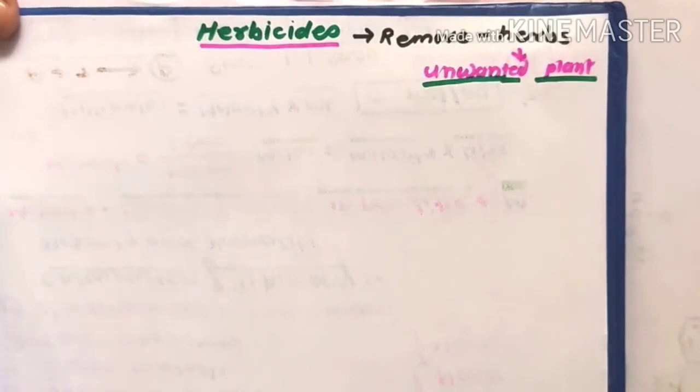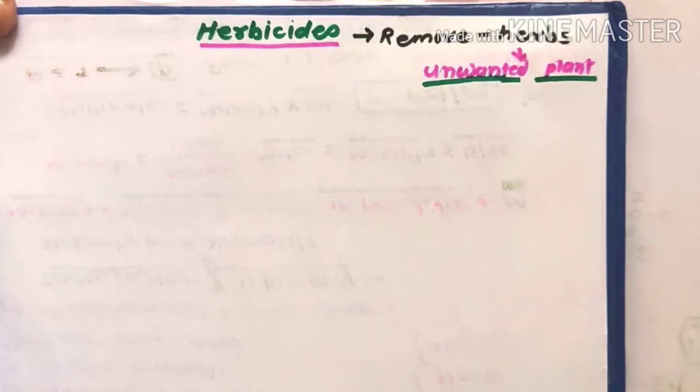The weeds or grass affect the main crop because they take up water and nutrients from the soil which are meant for the main crop, and thus reduce the crop yield. Another effect of the grass or weeds is that they occupy space and prevent sunlight from reaching the main crop.